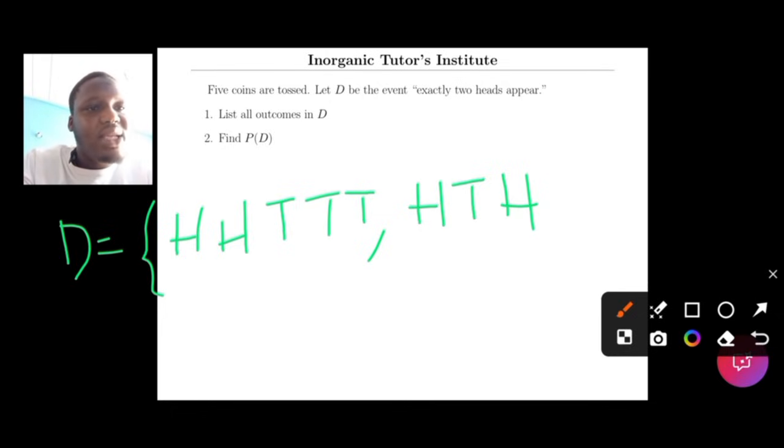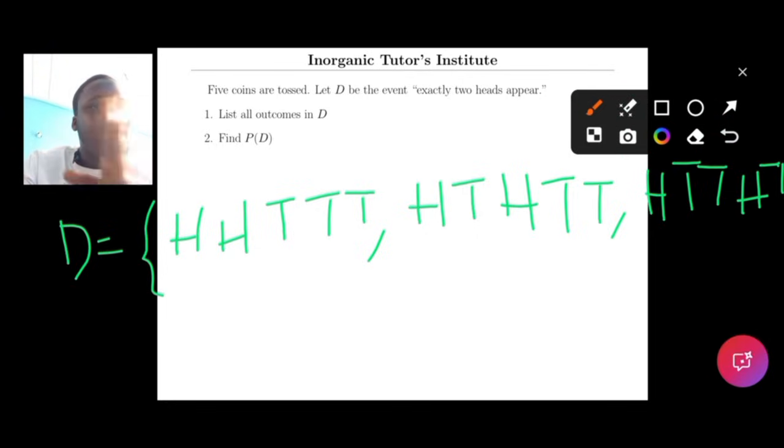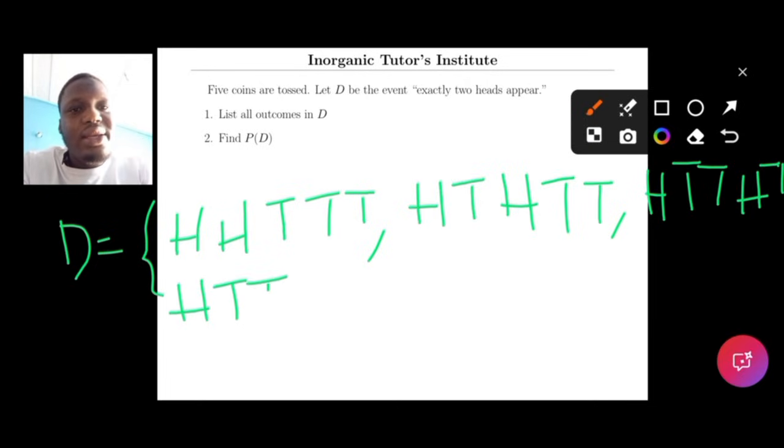So the first one can be head, second one tail, third one head, and the other 2 are tails. Or first one head, T, T, H, and T. So it's like one head is standing and the other one is moving. Or head, tail, tail, tail, head.